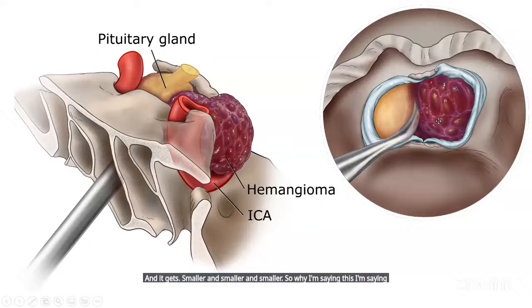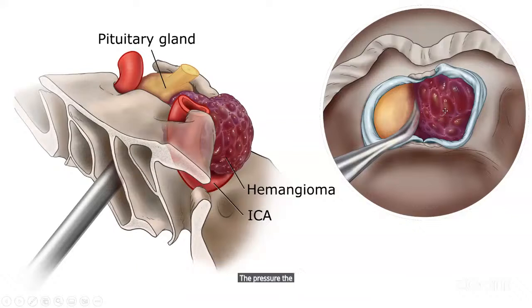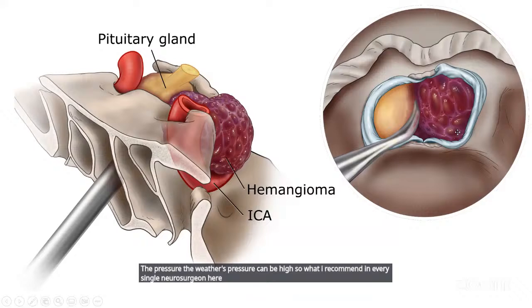Because especially in skull-base cases, even when you know the venous anatomy, control of the bleeding sometimes becomes problematic. The venous pressure can be high. So what I recommend to every single neurosurgeon here: elevating the back or reverse Trendelenburg position decreases especially the venous bleedings from the cavernous sinus and basilar plexus.